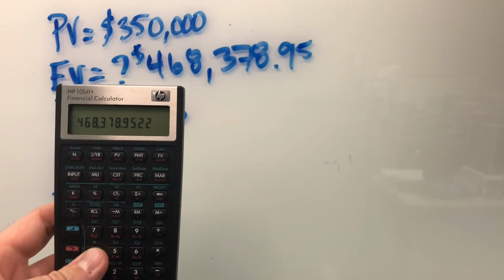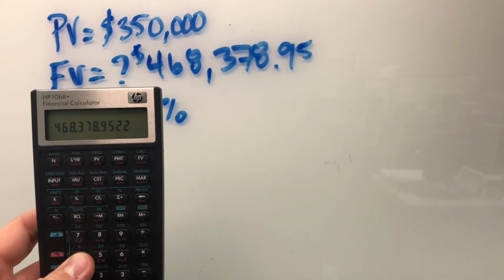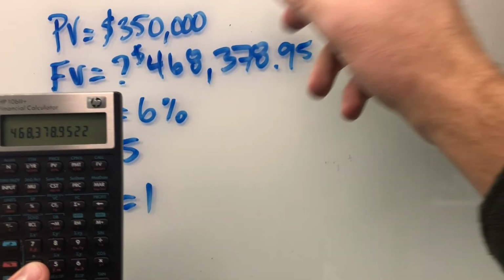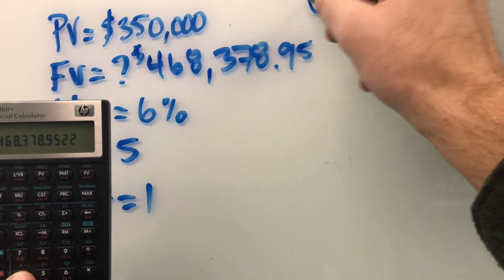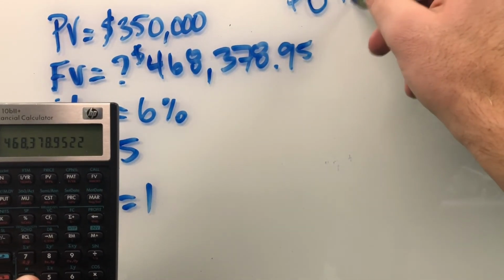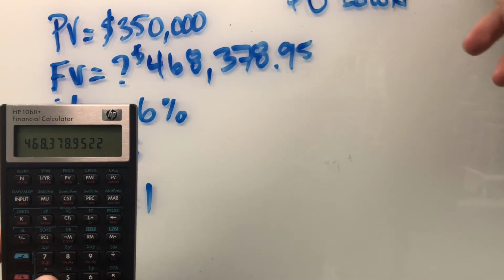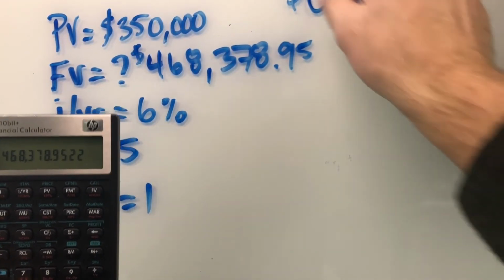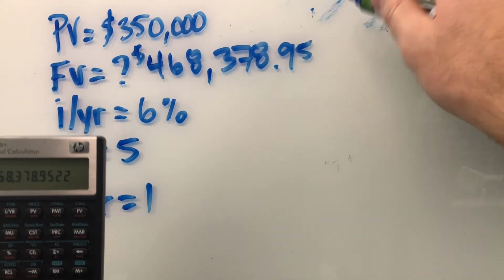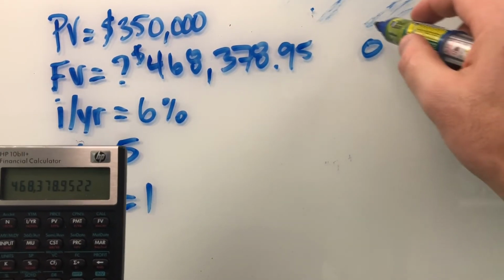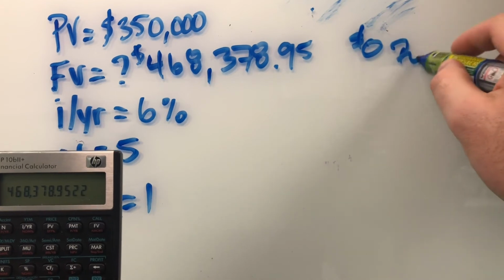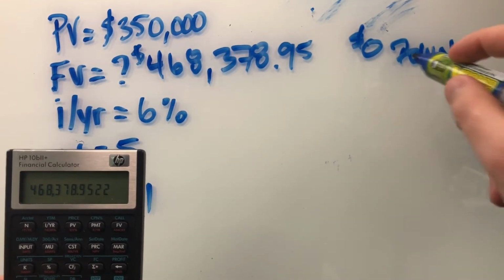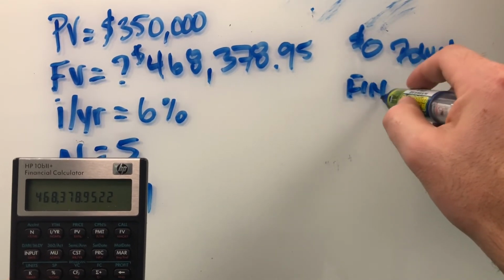Now, say we had a USDA loan on this house, and so we put zero money down, which means we are financing 100%. Oh, I just realized that's kind of out of the picture there. So let's do a little bit lower. So 0 down, finance 100%.